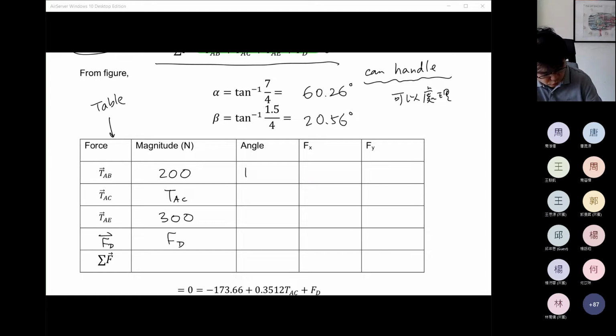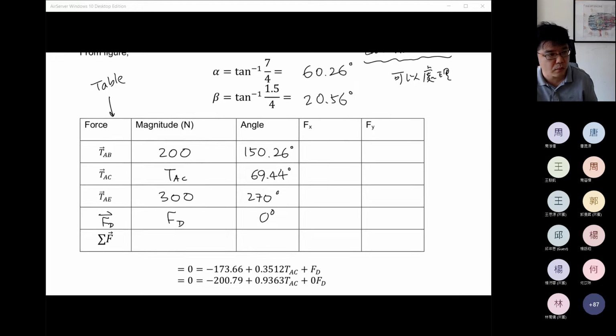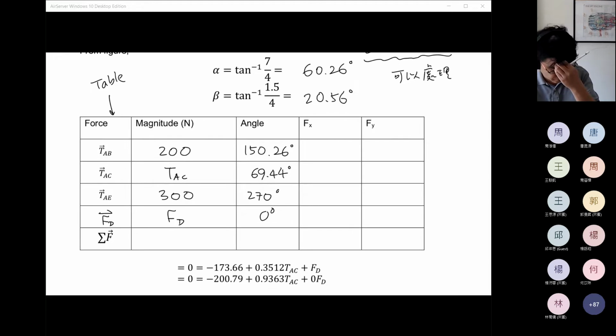Therefore, the angle should be like this, and this one is 69.44, and that's 270, and this is 0 degrees. I assume you can handle this.